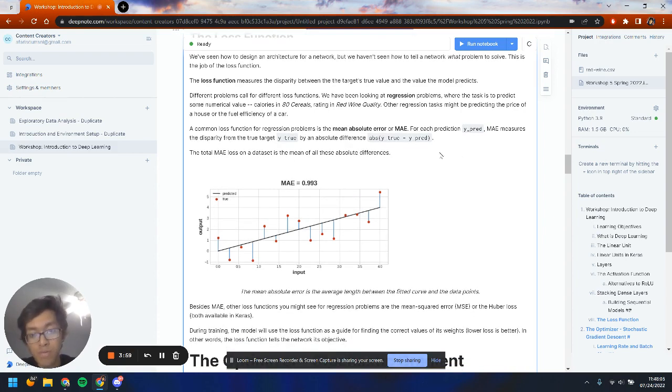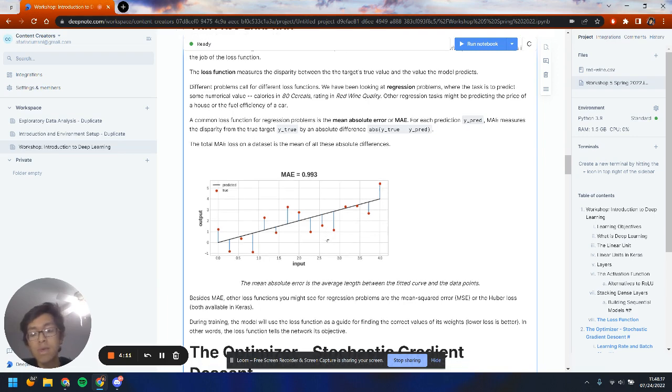So in a graph, you can see this straight line as the predicted output and these dots as representing the true values that we expect in the output. So for example, given an input of 0, we see the predicted output is 0, but the actual output is like 1.2 or something.